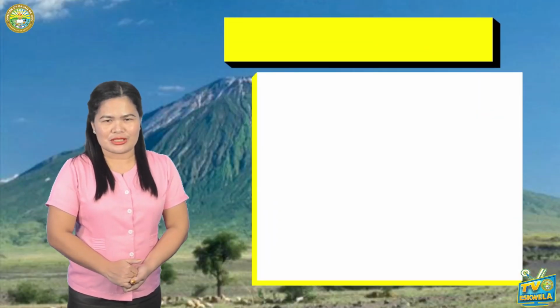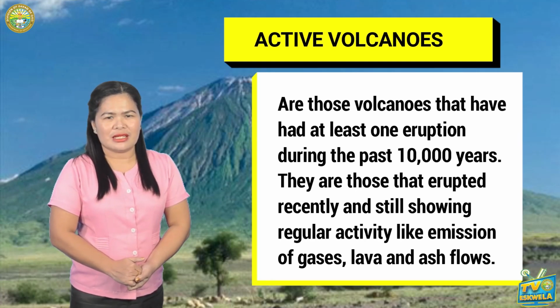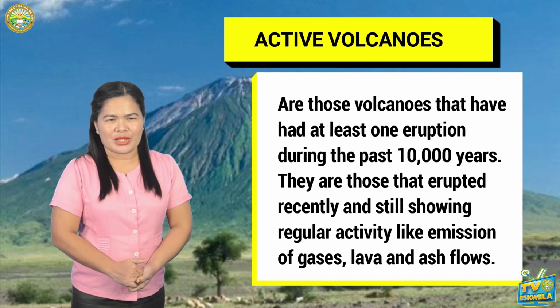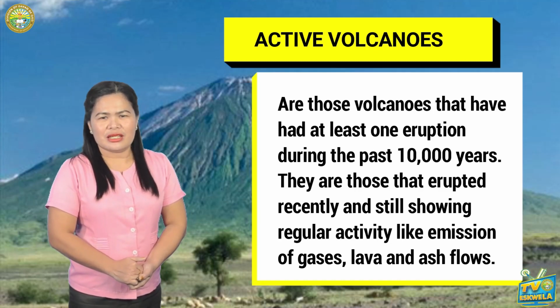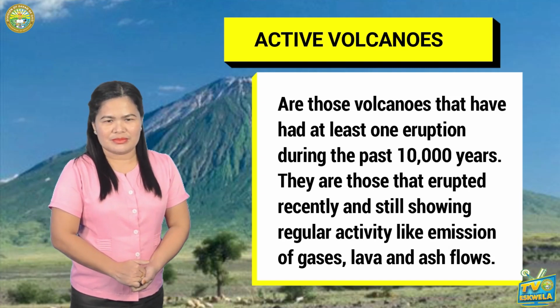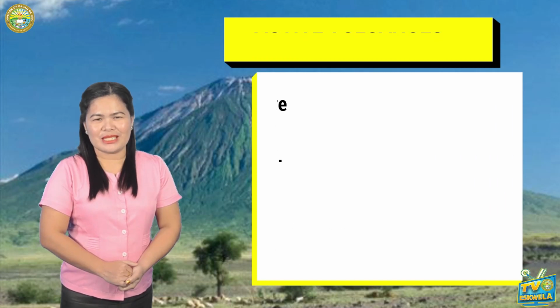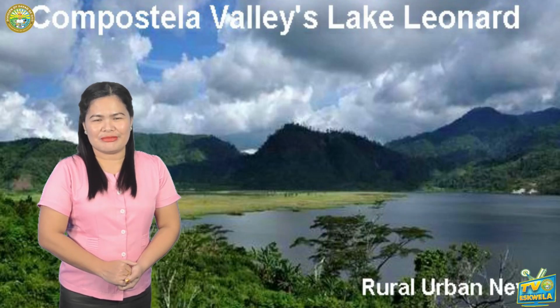Active volcanoes are those volcanoes that have had at least one eruption during the past 10,000 years. They are those that erupted recently and are still showing regular activity, like emission of gases, lava, and ash flows. An example of this is Lake Leonard, found in Maco, Davao de Oro, Region 11.